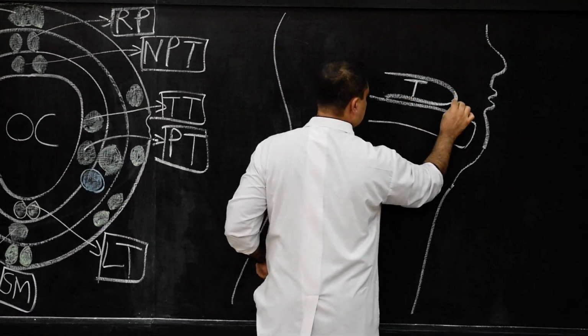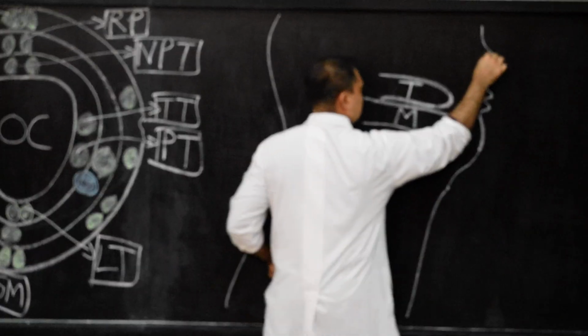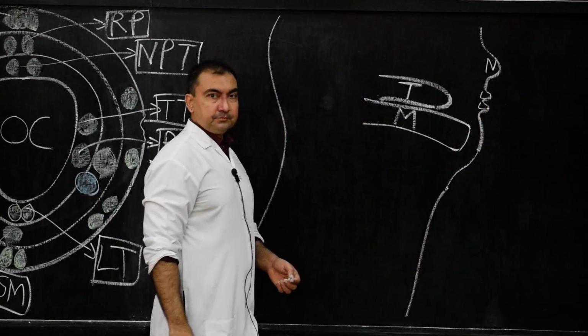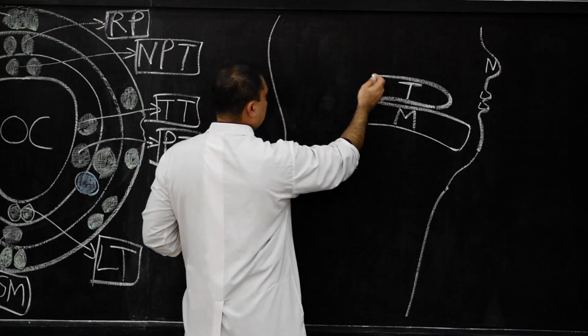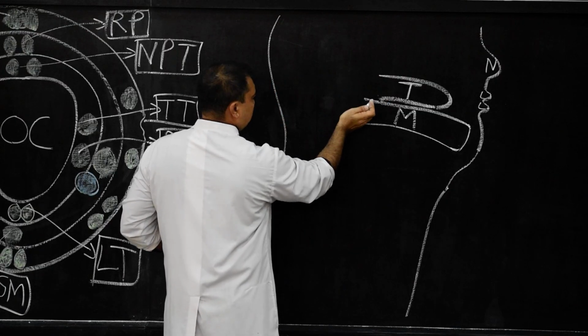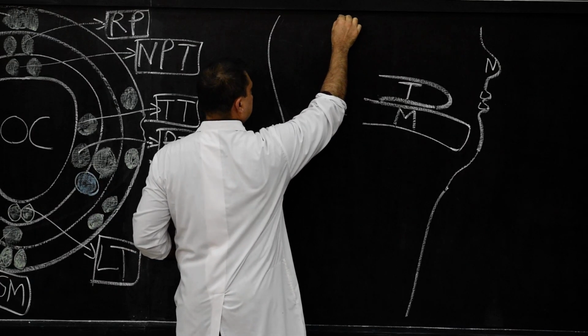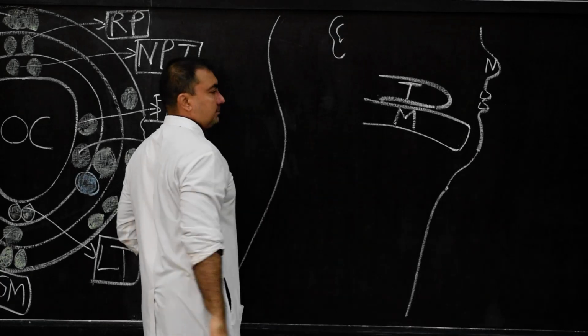This is the tongue, this is the mandible, this is the nose and these are the lips. Now just behind, above the mandible and the tongue, approximately at this level we show the auricle.